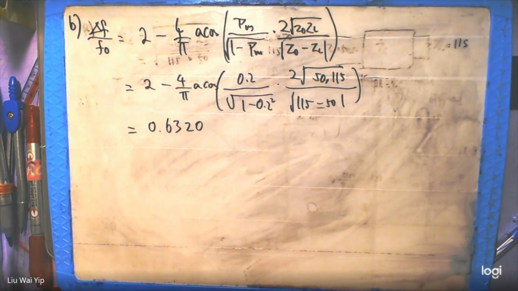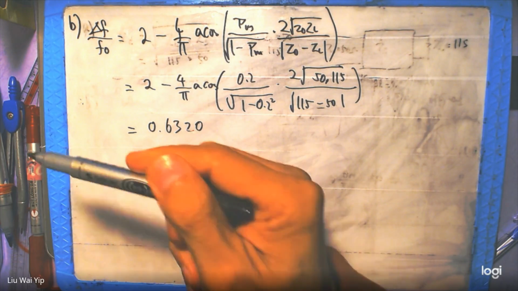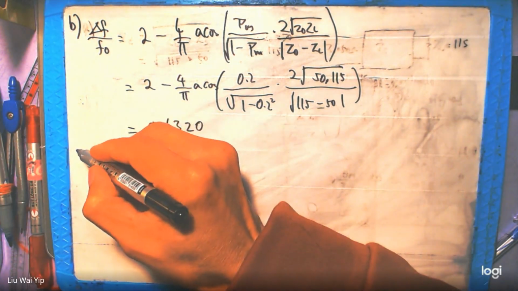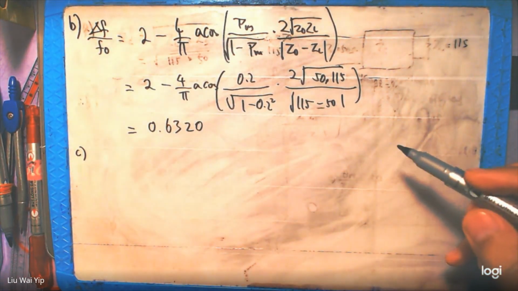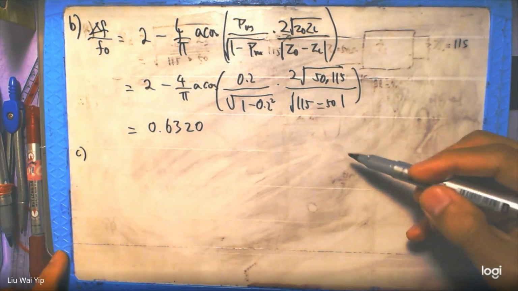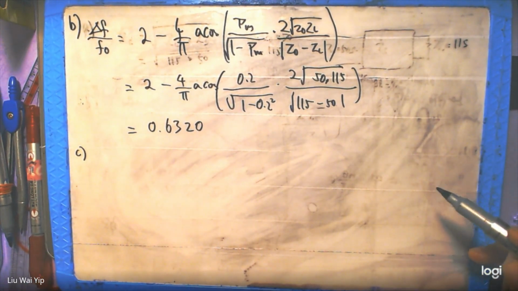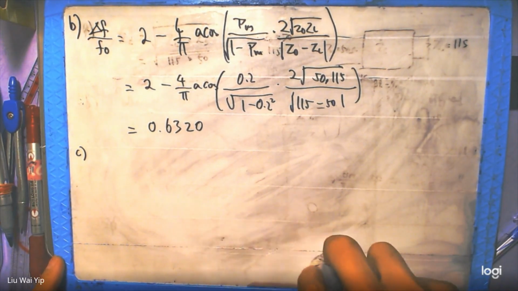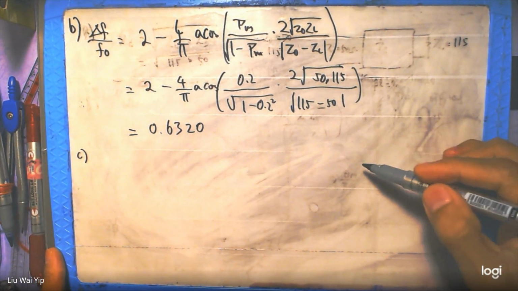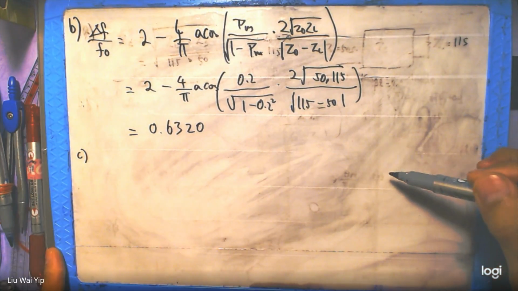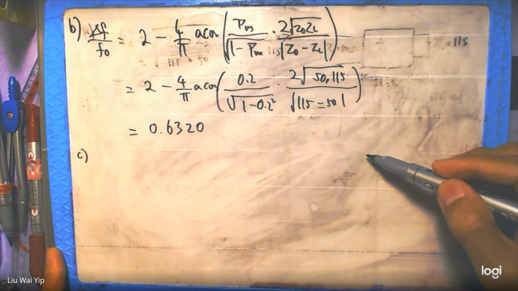And the formula for what the question asked for is a three sections, multiple sections of quarter wave transformer.